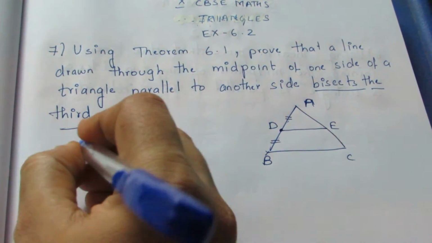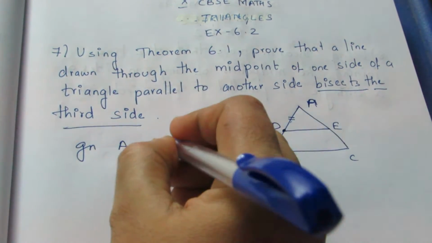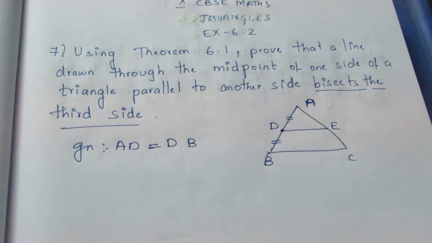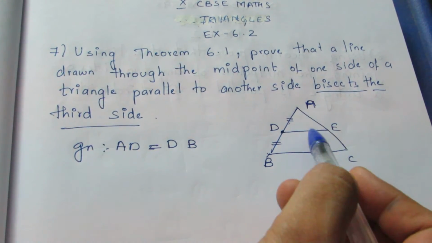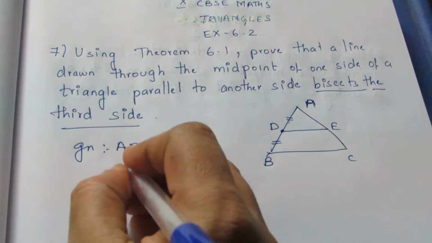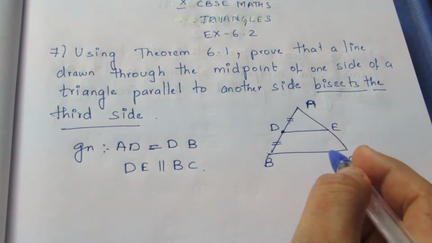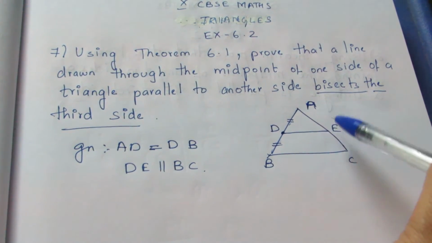That is, given AD is equal to DB, and also DE is parallel to BC. So these two are given, and we need to prove that it bisects the third side.